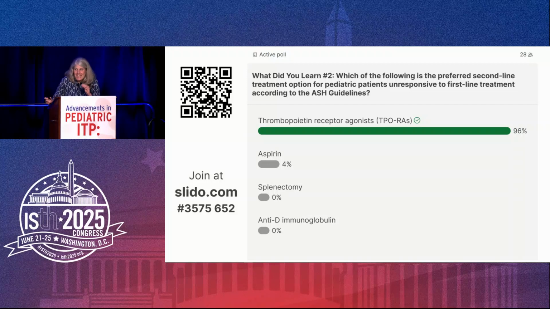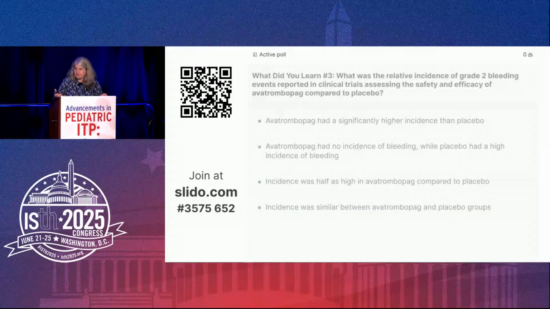Poor Cassandra. We're almost at 100% for the right answer. So thrombopoietin receptor agonist is the correct answer. Again, there was a little bit more of a tiered approach with second-line therapy for children compared to adults, where we valued TPO-RAs because they were immunosuppressant-sparing options, followed by rituximab, and then lastly, splenectomy.